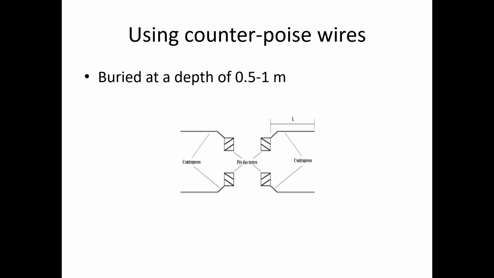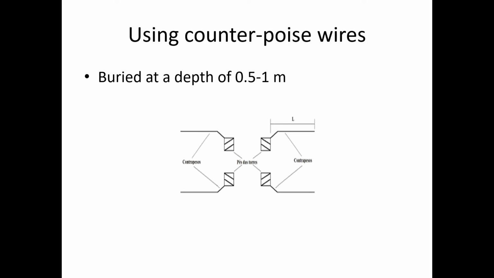And the third one is counterpoise wires. This is nothing but a kind of wire which is buried into the ground at a depth of 0.5 to 1 meter. It runs parallel to the transmission line conductor and is connected at the tower legs.